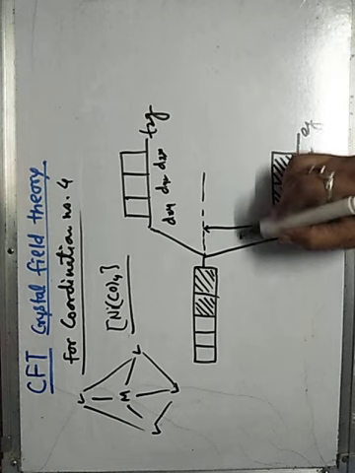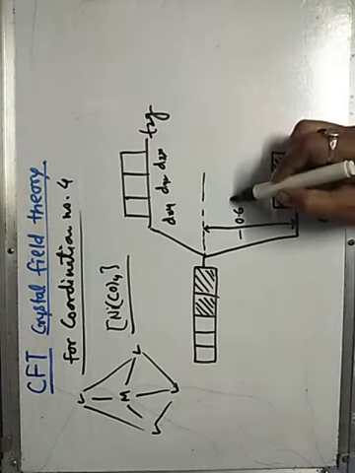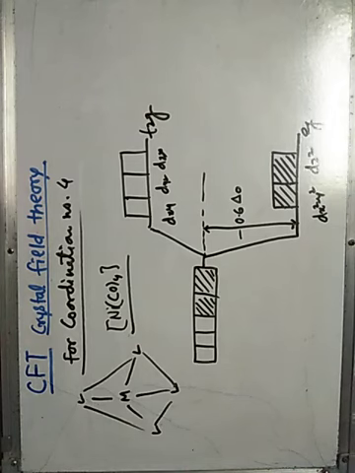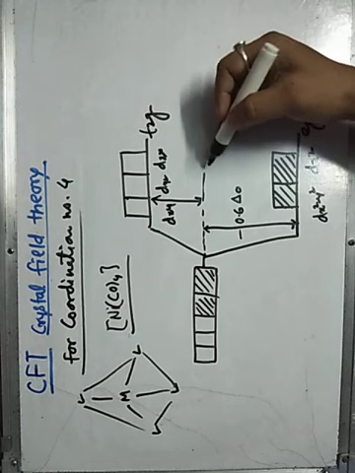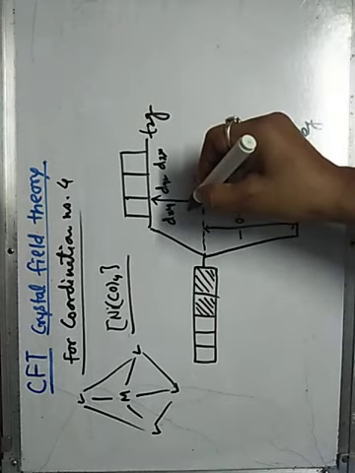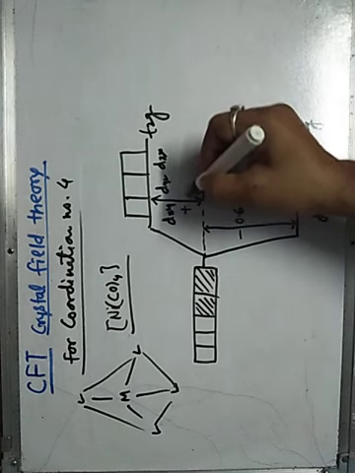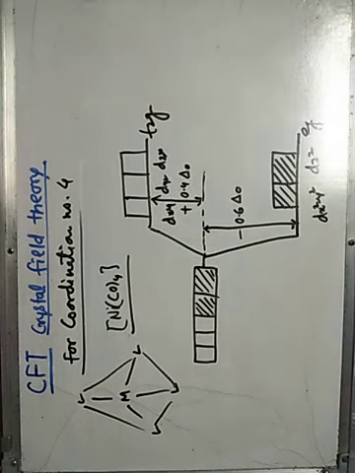So minus 0.6 will be the value, and here the gap will be 0.4 delta, with the barycenter at 0.